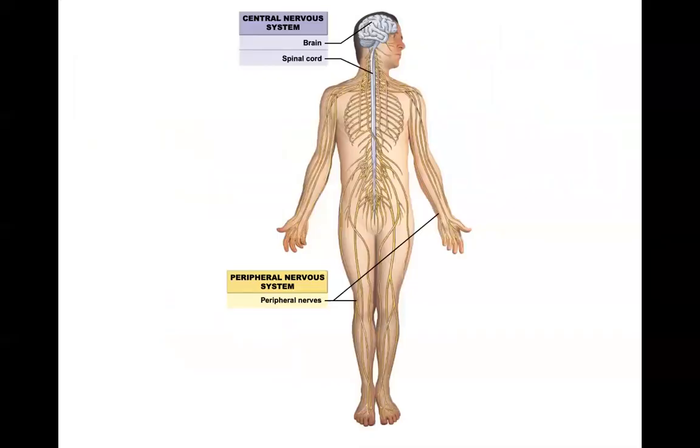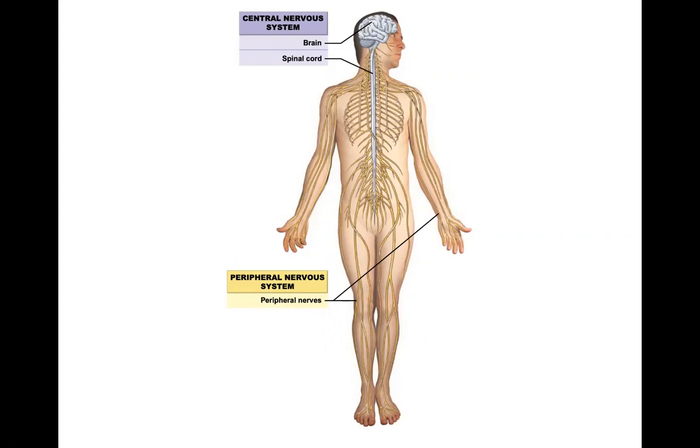So first, just a reminder that the nervous system is anatomically divided into the central nervous system and the peripheral nervous system. The central nervous system is the brain and the spinal cord, everything that's encased in bone, and it's responsible for integrating, processing, and coordinating sensory input and motor output.